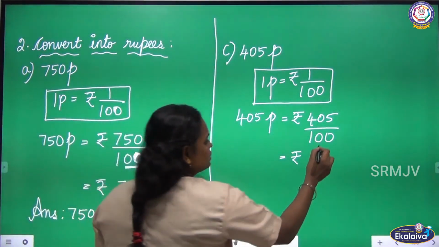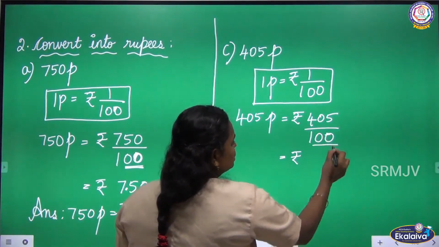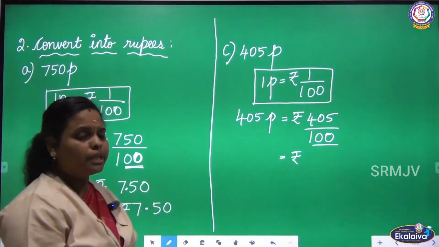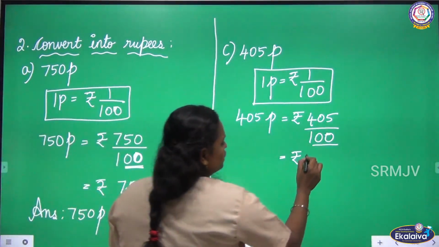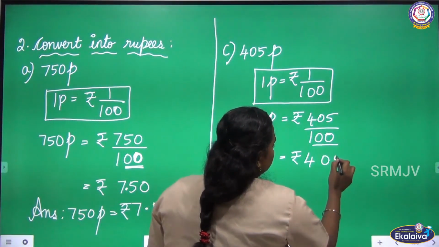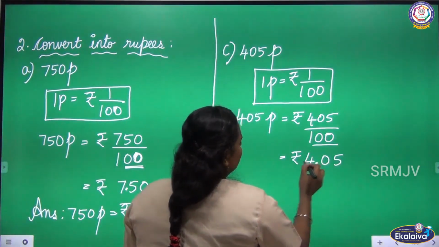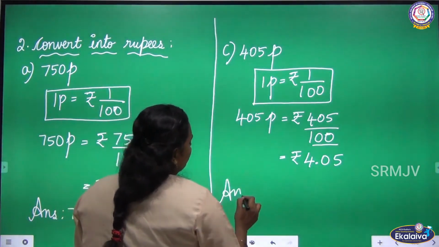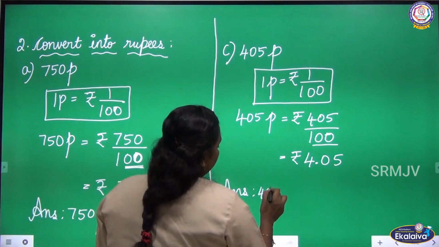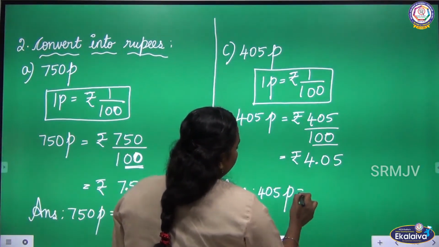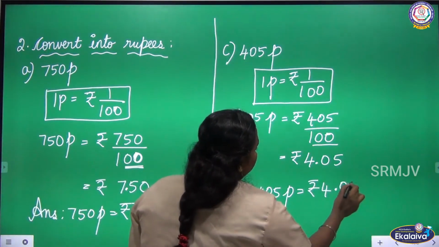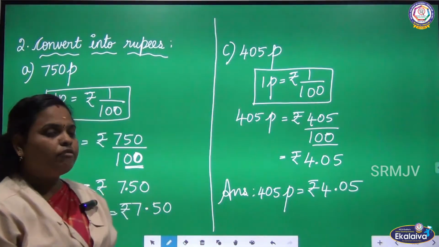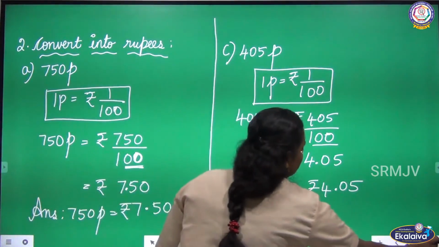So how many zeros in the denominator? 2 zeros. So what you should do in the numerator, you have to leave 2 digits from the back, then put the dot. Okay. So 1, 2. So what is the answer? So 405 paise equal to how many rupees? 4 rupees and then 5 paise. 4 rupees and 5 paise.